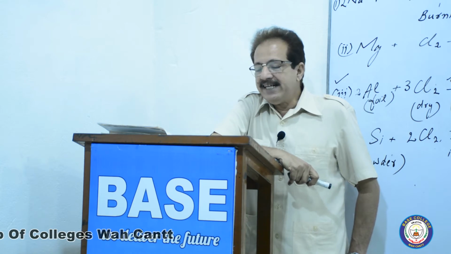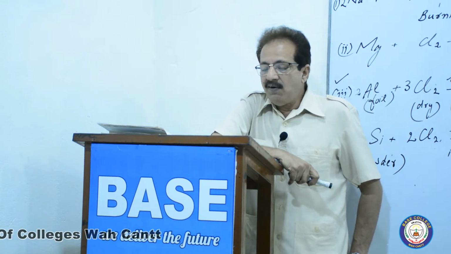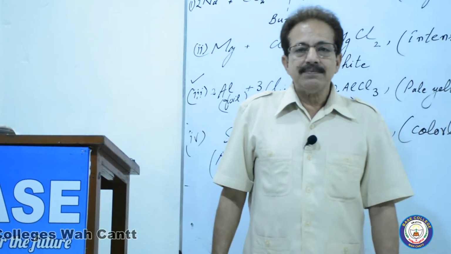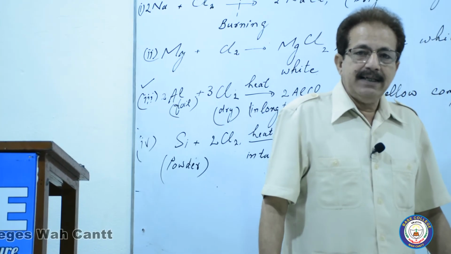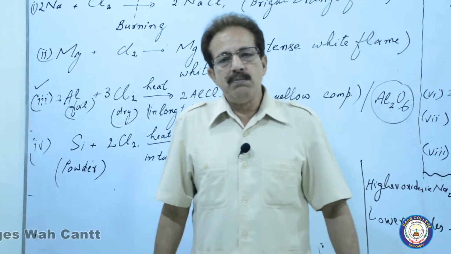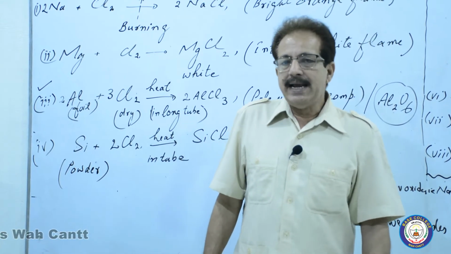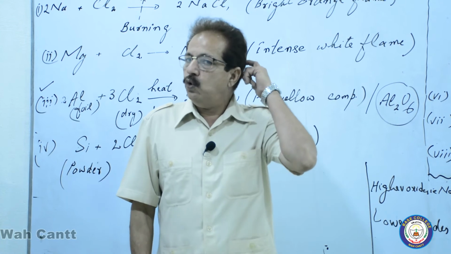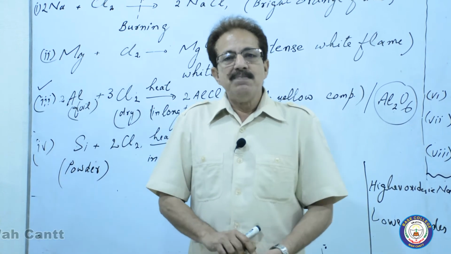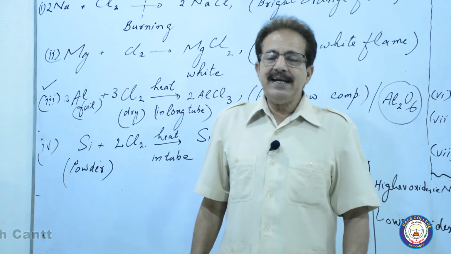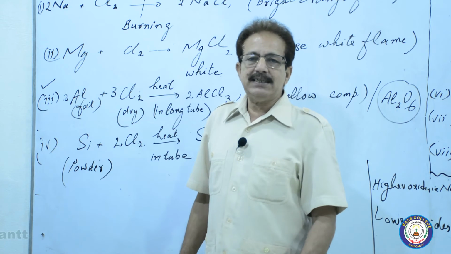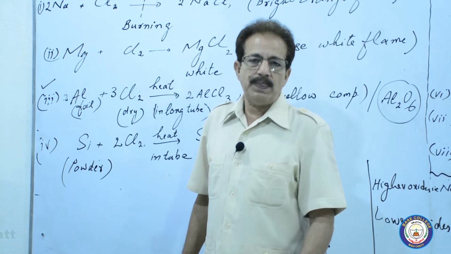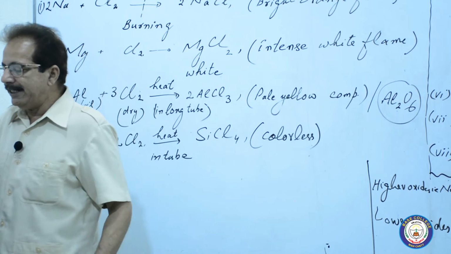I have already told you that when aluminium is obtained, very soon it forms a coating around it, and that coating is of Al2O3, which makes the aluminium nearly inert. That's why the reactions of aluminium are very slow.